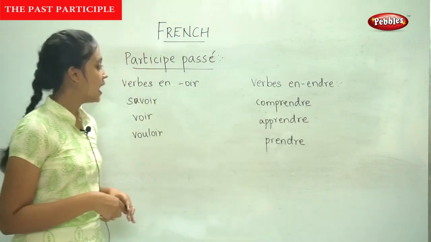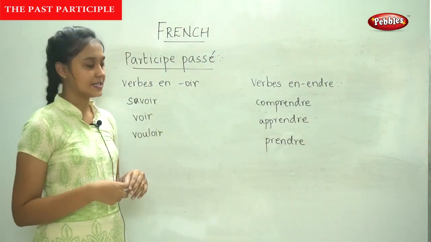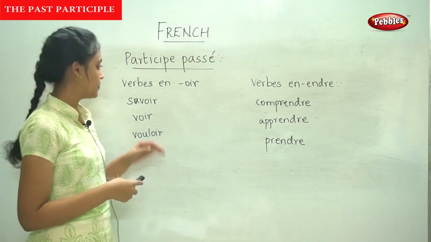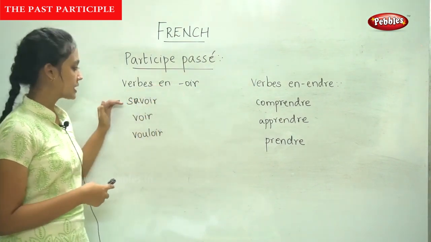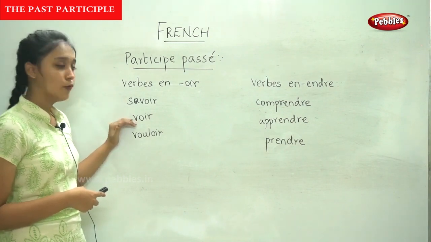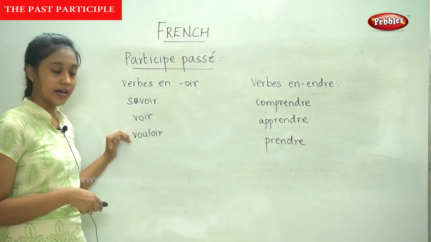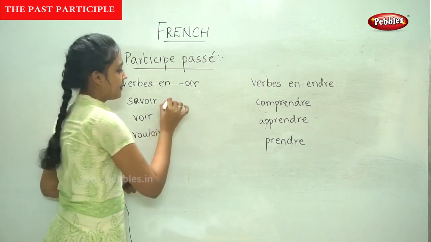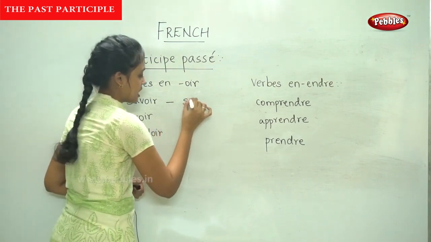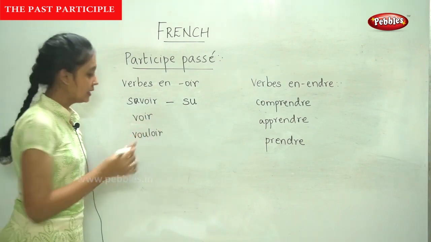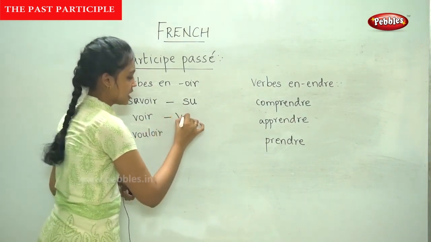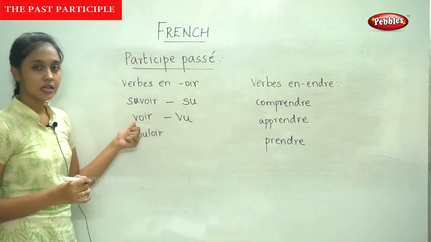Now we will see how to form the past participle of the other verbs. Verbs ending in OIR, for example savoir, voir and vouloir. For savoir, the past participle is SU, su. For voir, the past participle is VU.